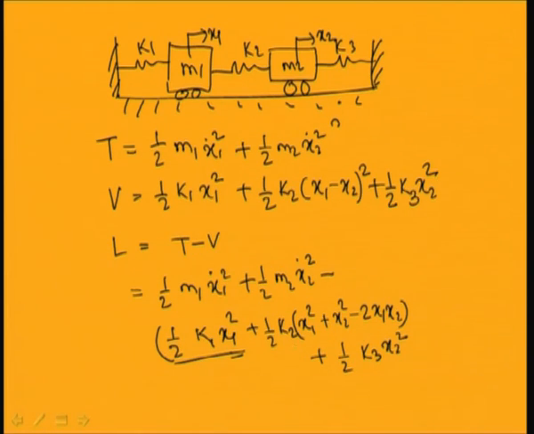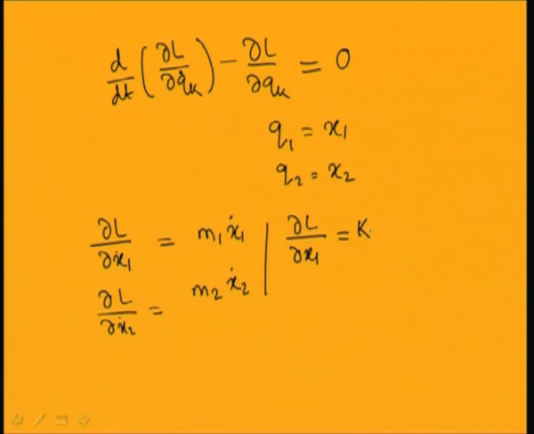Here you just see that there are some terms with x1. So, k2 x1 square terms you differentiate with respect to x1, 2 will cancel, so this becomes k2 x1. Then these terms, 2 and 2 cancel, so this becomes half k2 x1 x2, and differentiating with respect to x1 becomes k2 x2. So, this will become k1 x1 plus k2 x1 minus k2 x2. So, I can write this term as k1 plus k2 x1 minus k2 x2.